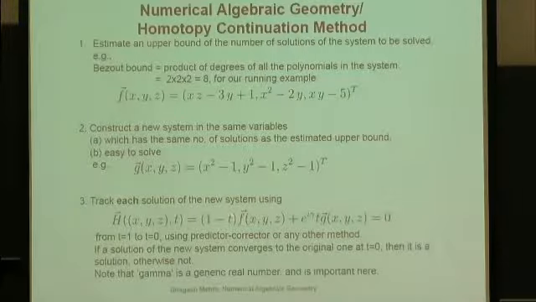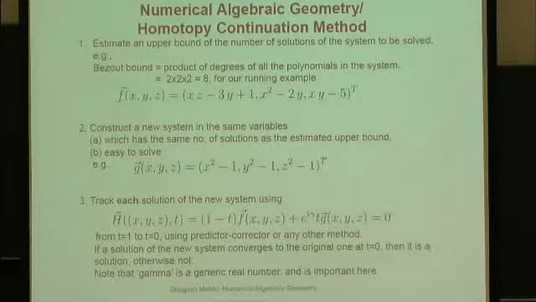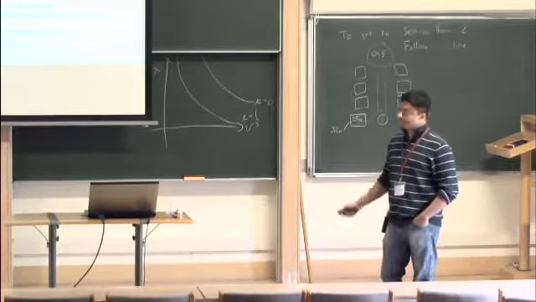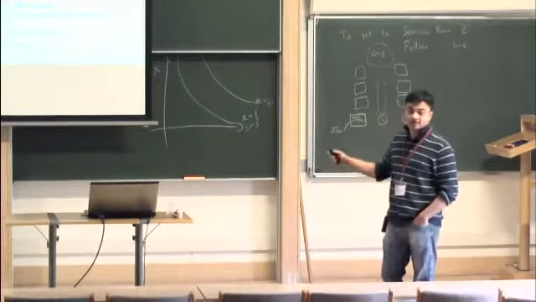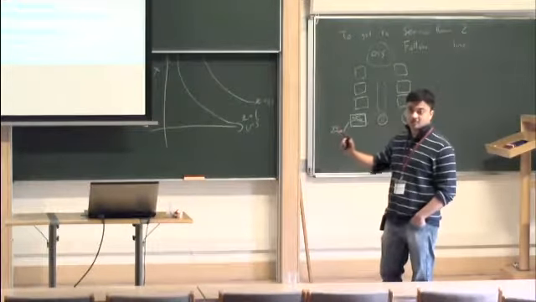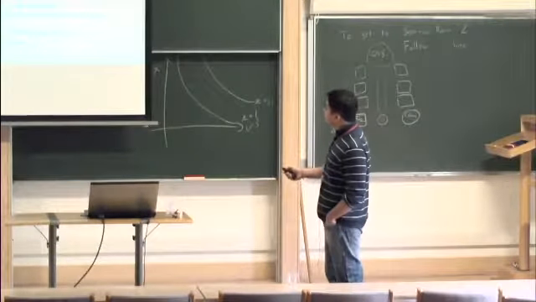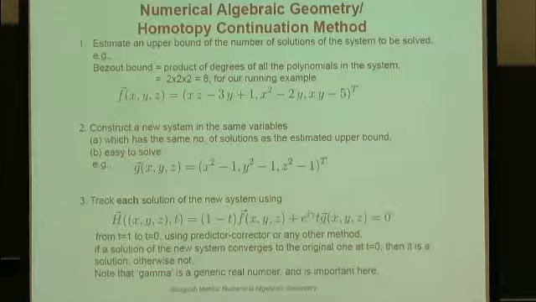At t is equal to 0, if you reach there, then this term vanishes and only this term survives, which is your original system to be solved. Sorry, by solutions, what do you mean? Like prime ideals or? This is zero-dimensional ideal right now. Okay, so only isolated solutions. Okay. So you do that for each of the solutions, each of the 8 solutions, one by one.